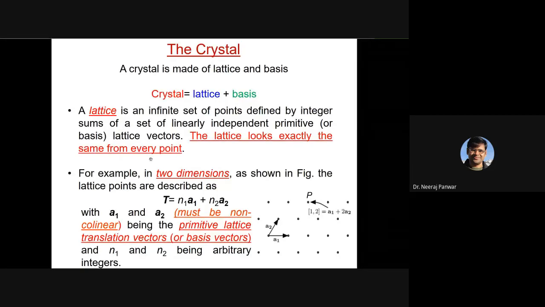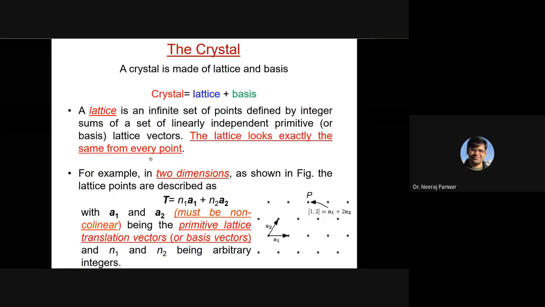A lattice is an infinite set of geometrical points defined by integer sums of a set of linearly independent primitive or basis lattice vectors. The definition looks a little bit lengthy for now, but as we go along, we will understand its meaning.